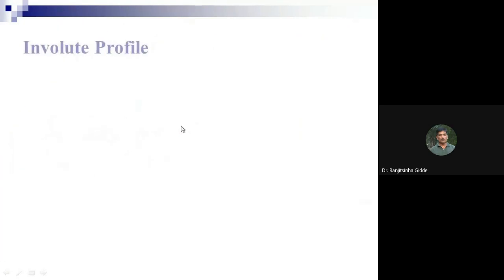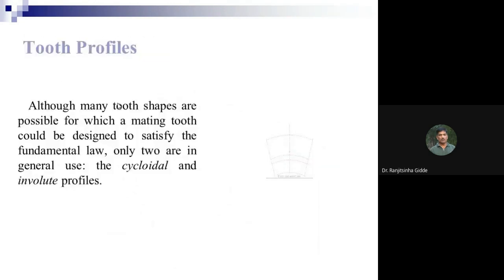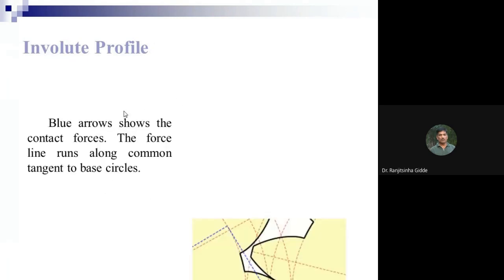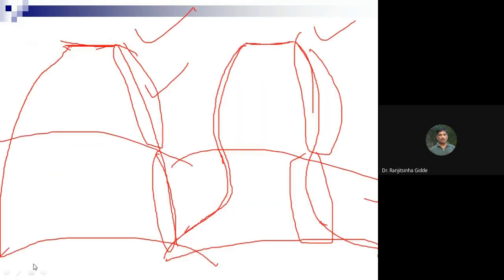So you can take the next page, or in your notebook you can write a comparison between cycloidal profile and involute tooth profile. In the comparison you will understand.